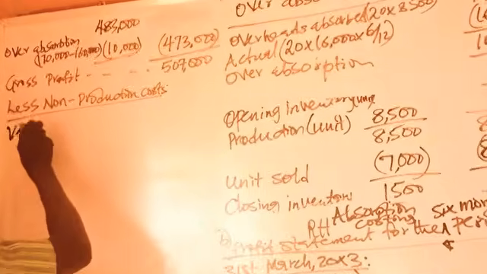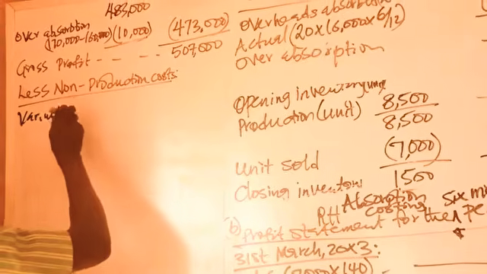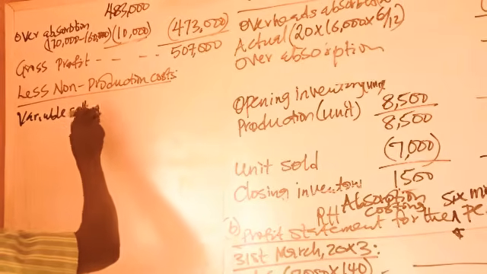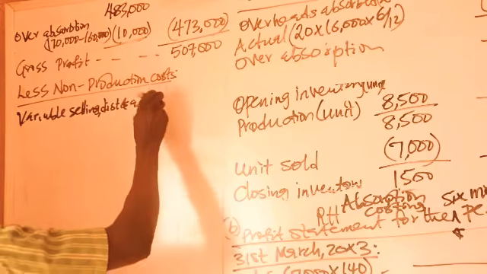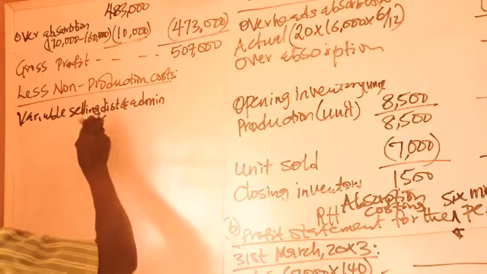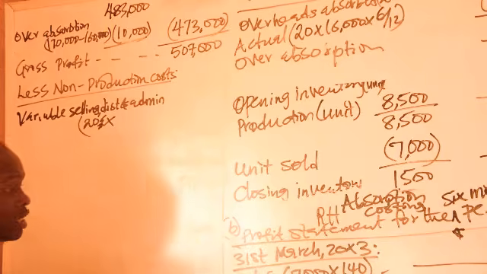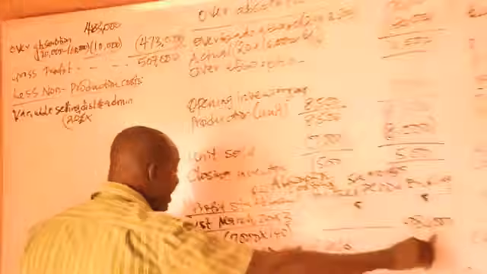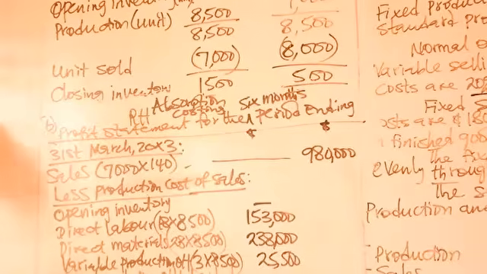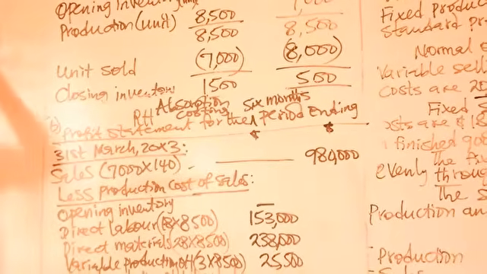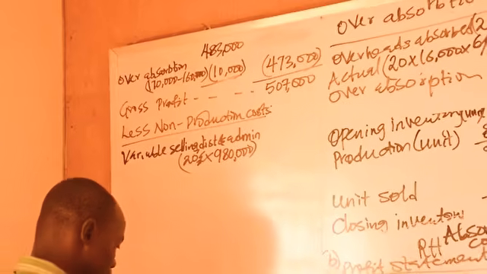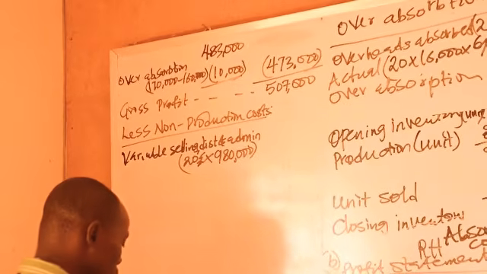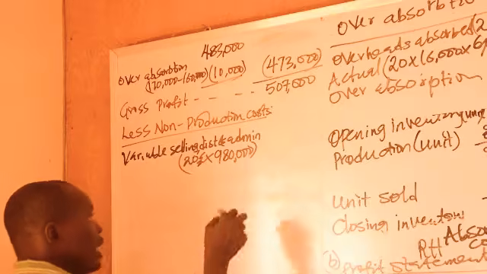Our sales is 980,000. 20% of 980,000 gives us 196,000.